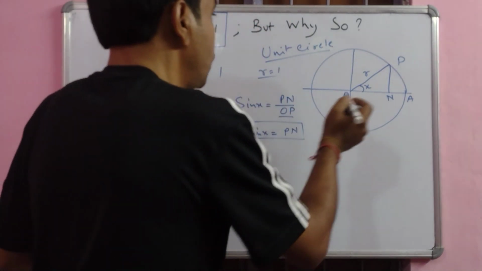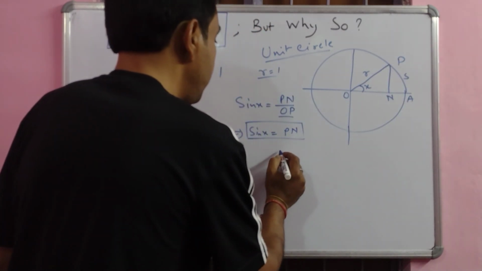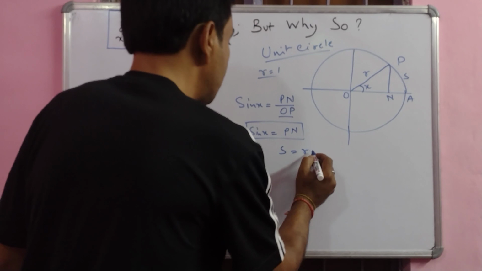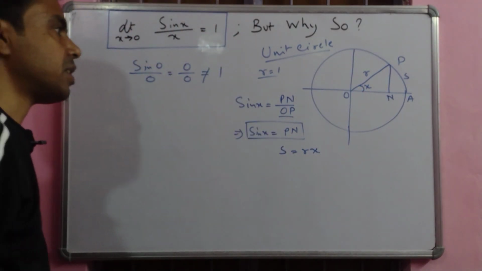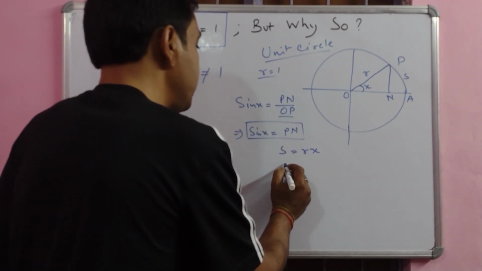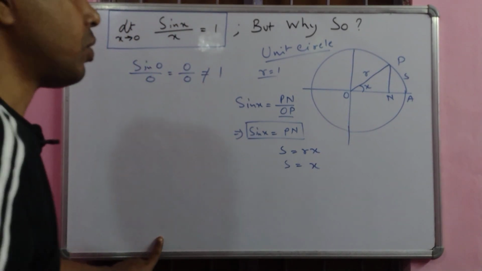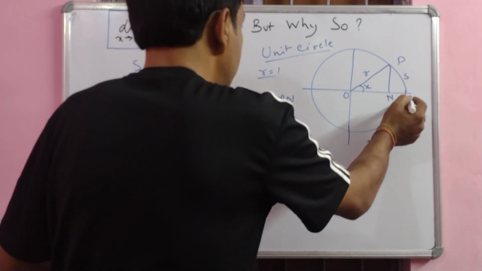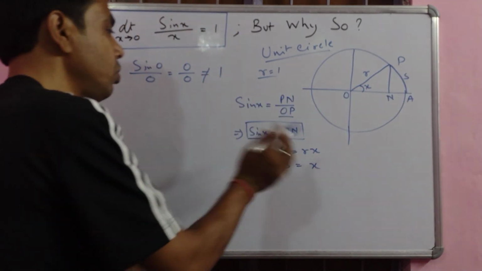Now suppose this arc length is called S. So from here we get S is equal to Rx, where x is the angle subtended at the center. Now if we put r equals 1, we get s is equal to x. So that means this arc length s is equivalent to x.